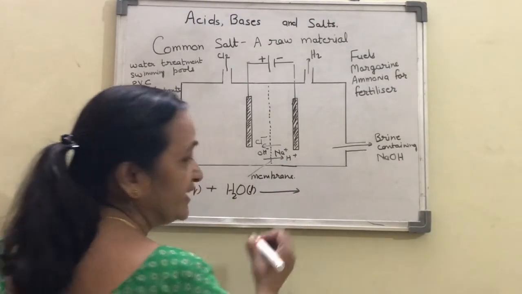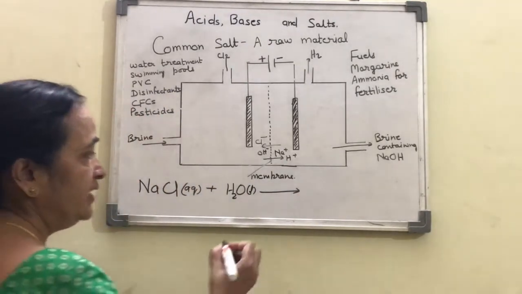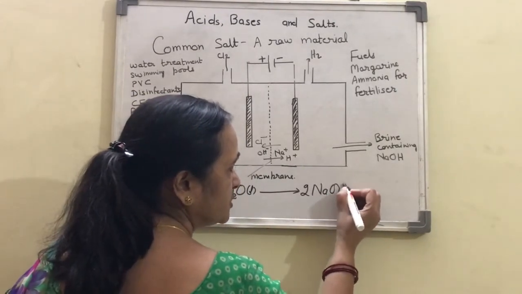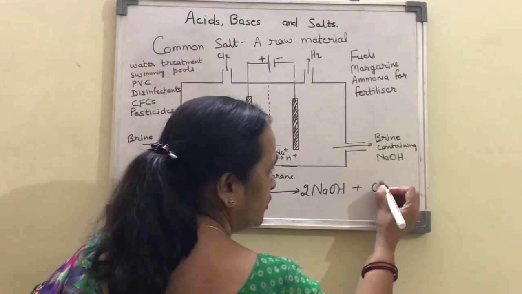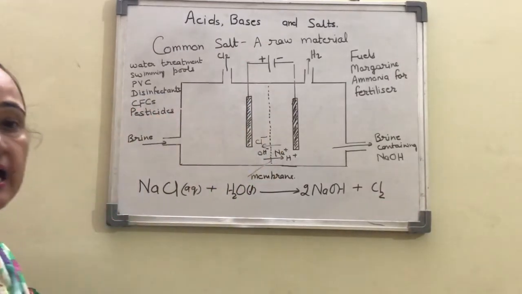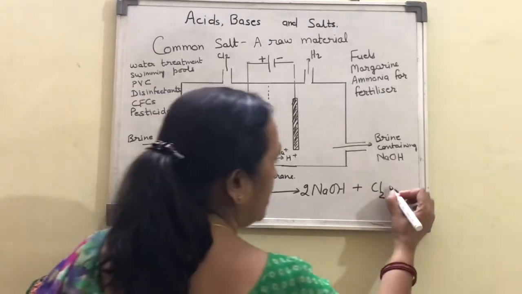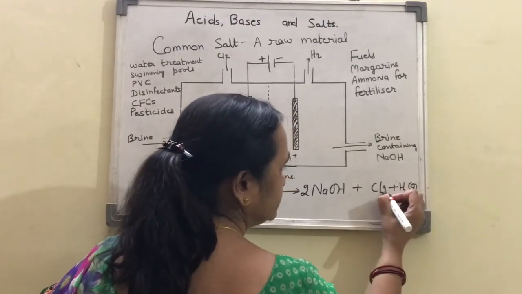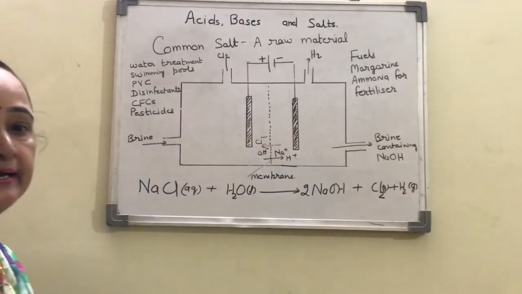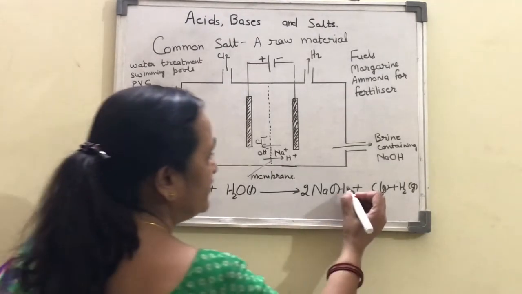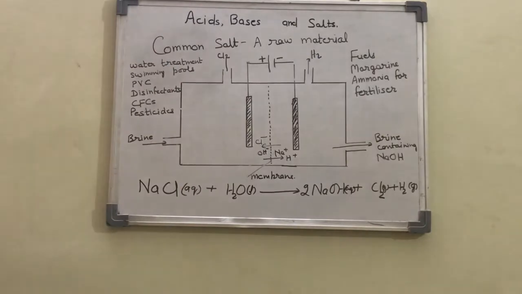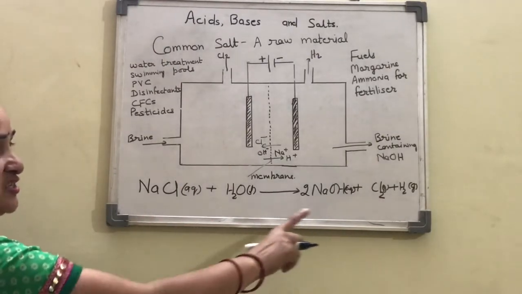And then when electricity is passed, then sodium hydroxide is formed here, NaOH, plus chlorine plus hydrogen. Hydrogen and chlorine are in the form of gas, and NaOH is in the form of liquid here, aqueous. Okay, and this way this reaction takes place.